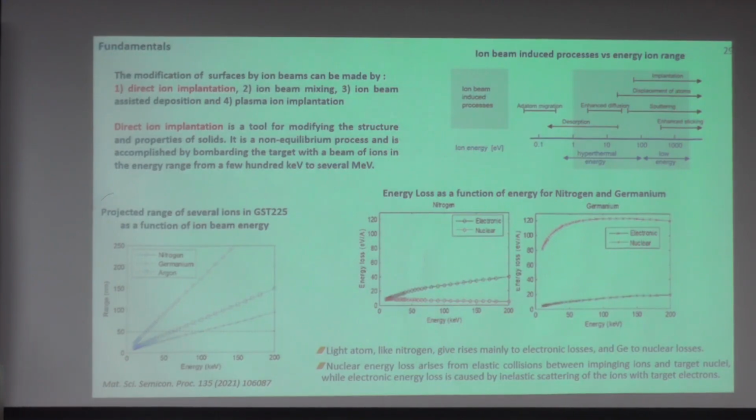In ion implantation, there are also some energy losses induced by the ions. Here we see the energy loss dependence on the energy, for different species like nitrogen and germanium.